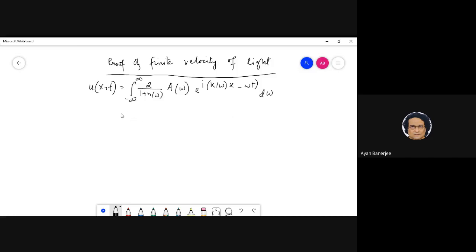And of course, just taking out this k thing, we can write this as an integral from minus infinity to infinity of 2 by 1 plus n of omega, a of omega, e to the i omega by c, n of omega x minus ct, d omega.